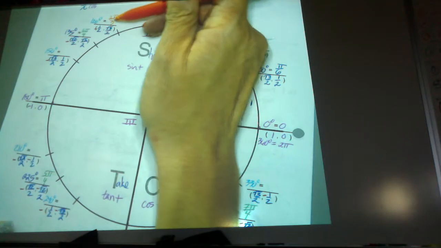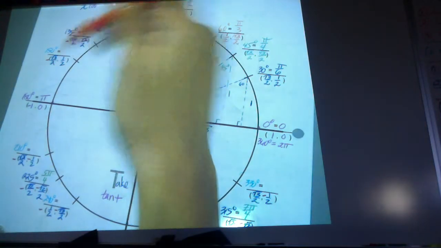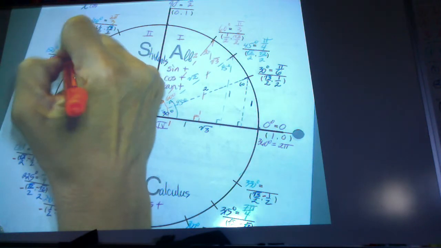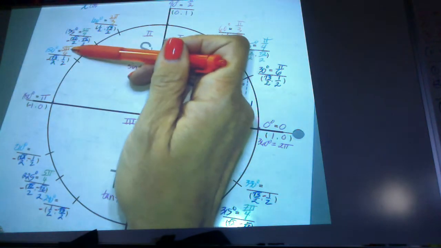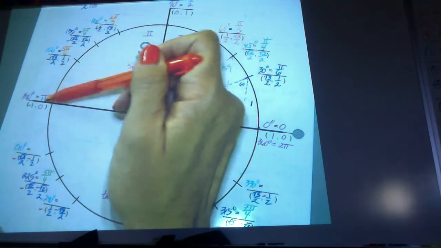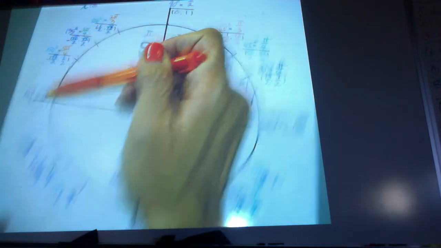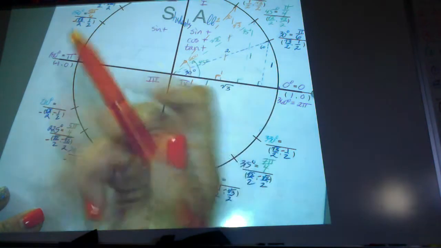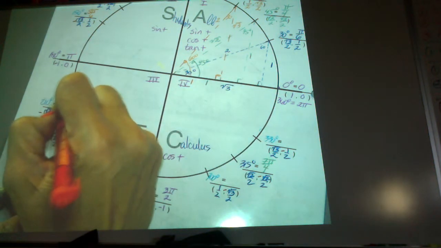This is 4/6, this is 5/6. So 5 pi over 6. If this is 5/6, then this one is 6/6, which is pi. This is 6/6, so this one is 7/6.